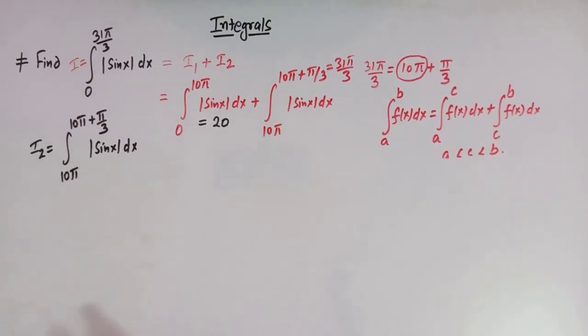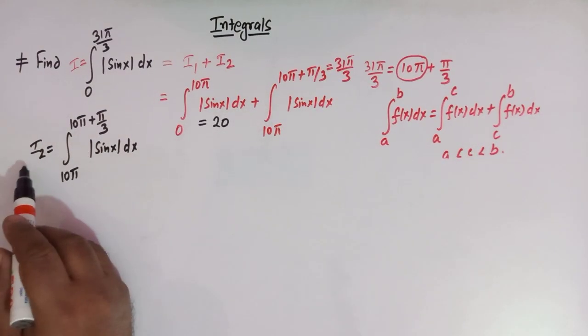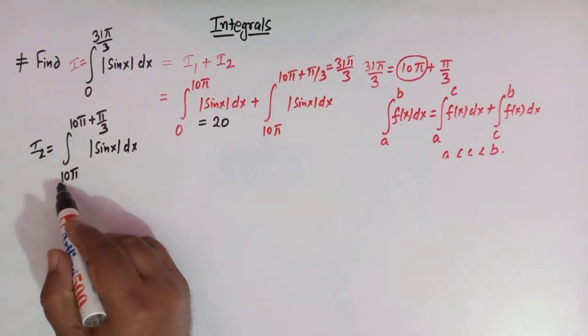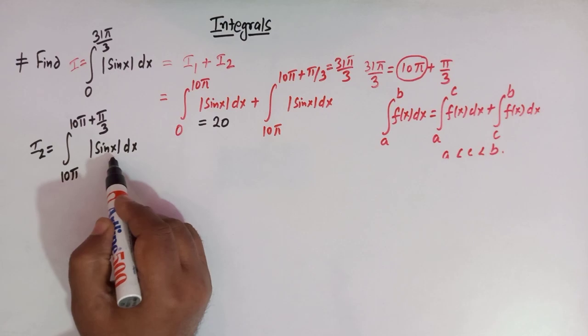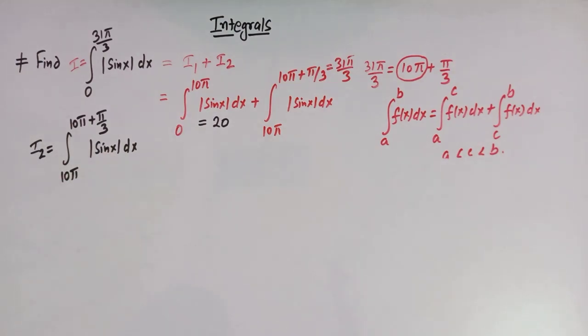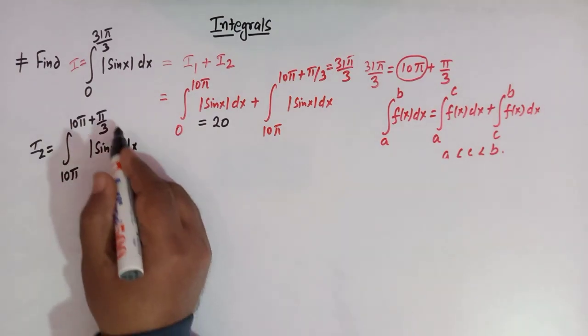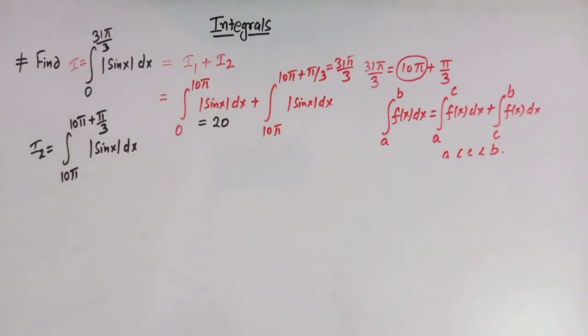Now to evaluate this integral I2, we have the integral from 10 pi to 10 pi plus pi by 3 of mod of sine x. Here again we have to make use of one important property of definite integrals.